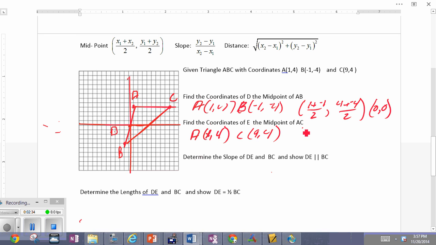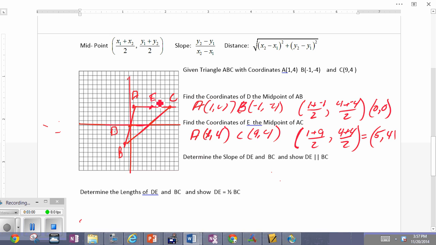So I can save myself a little work and just say it's 1 plus 9 over 2, and of course you can do 4 plus 4 over 2 if you want. That leads to 10 over 2, which is 5, and 8 over 2, which is 4. So 5, 4 is the point E that I'm after.